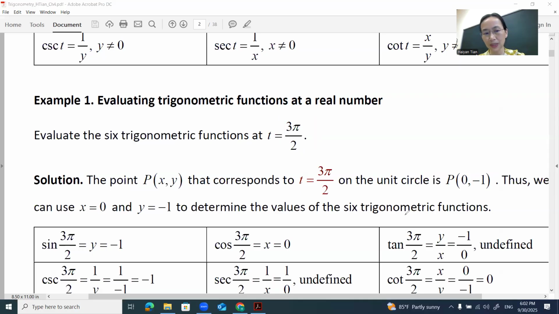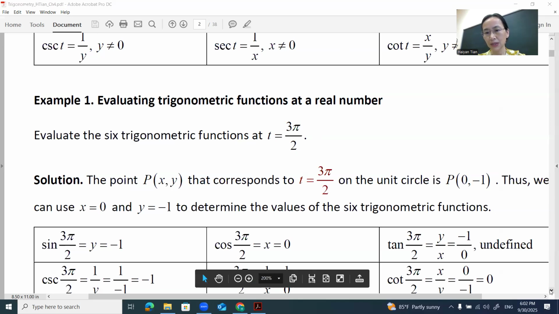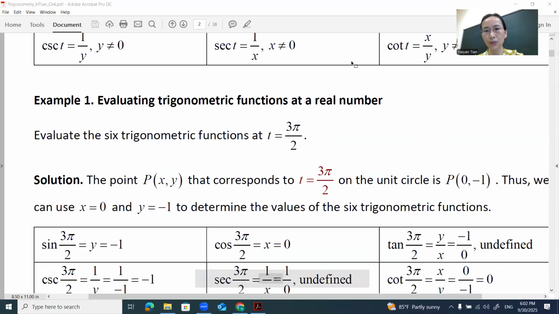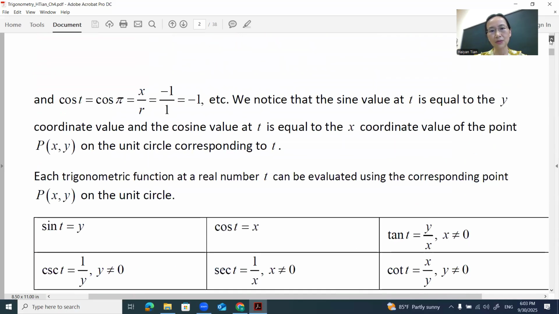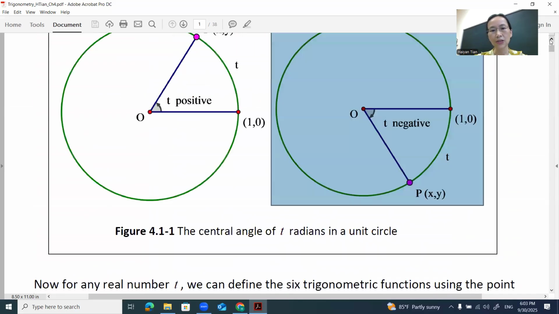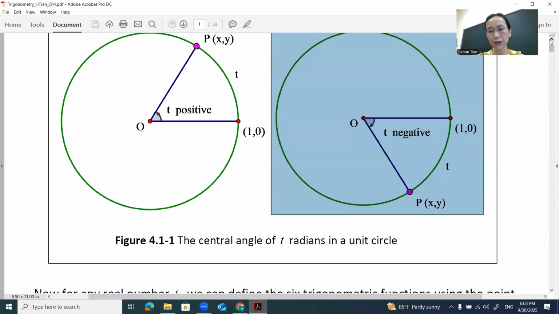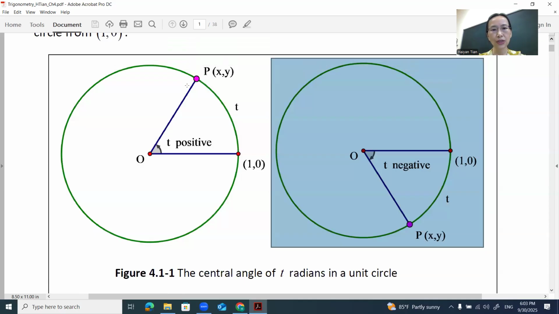We can simply consider the unit circle at 3 pi over 2. Where is the point? We need to find the point corresponding to 3 pi over 2. So let's go to this picture and try to identify that point.